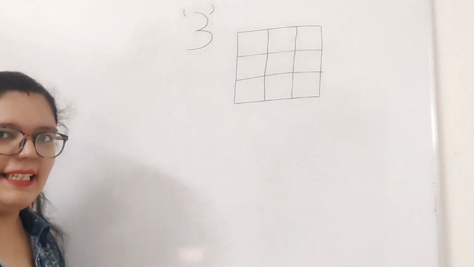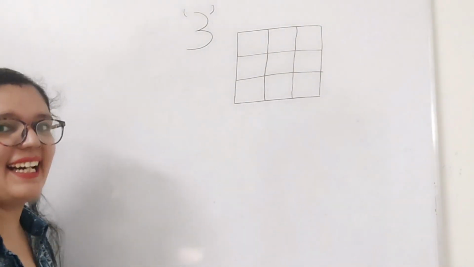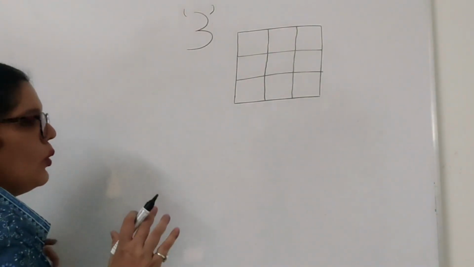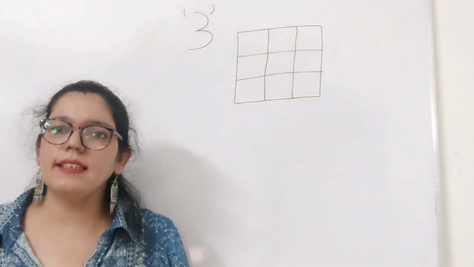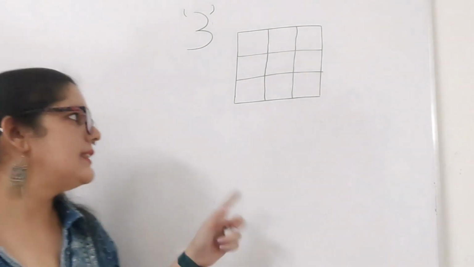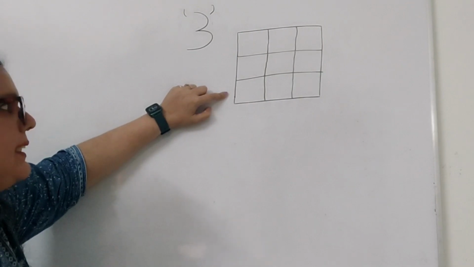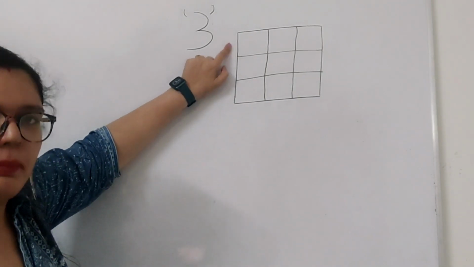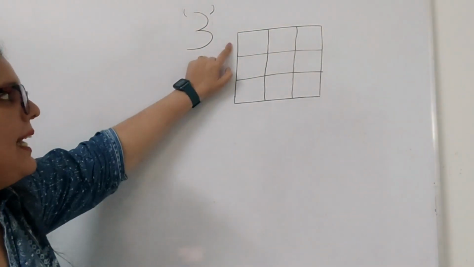No, we are not playing here tic-tac-toe, it's just the grid we are using. Now we will write 1 to 9 numeric numbers, starting from the left bottom column to the left upper column, and we will end up at this right upper column.